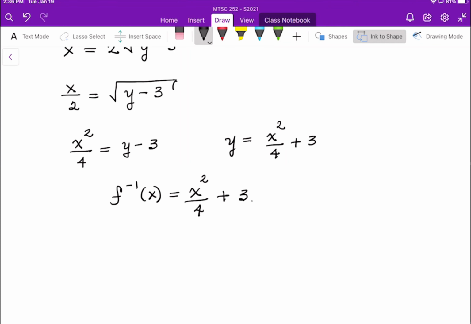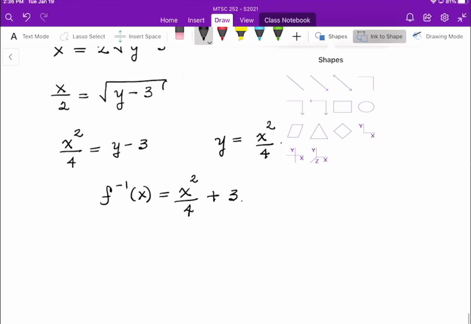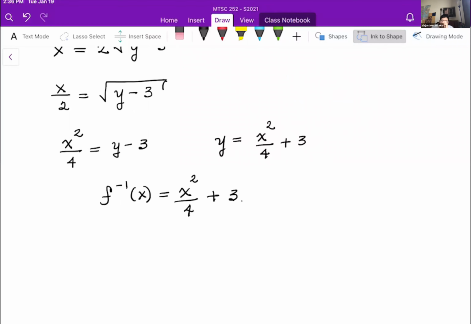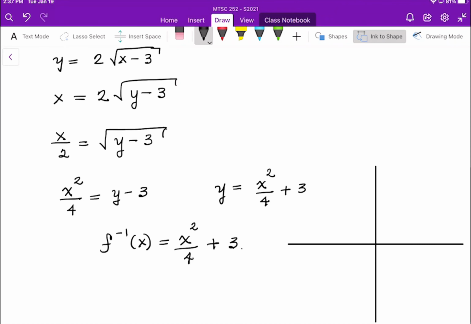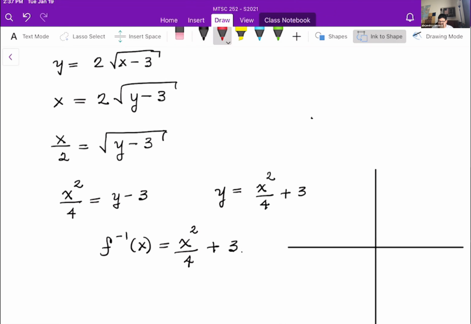So the first function looked like this. What was it? 2 times the square root of x minus 3. So it looks like that.